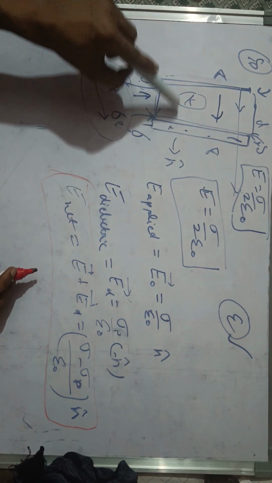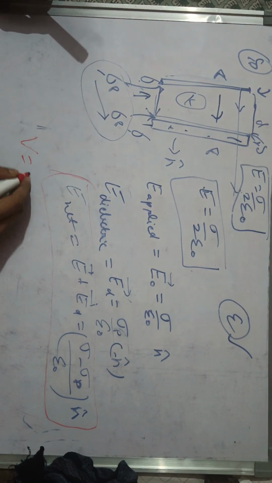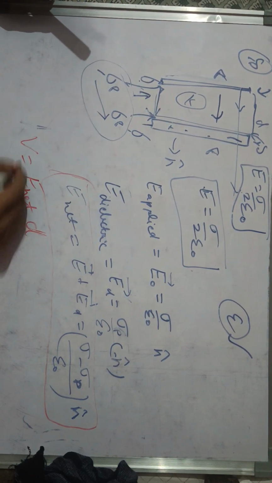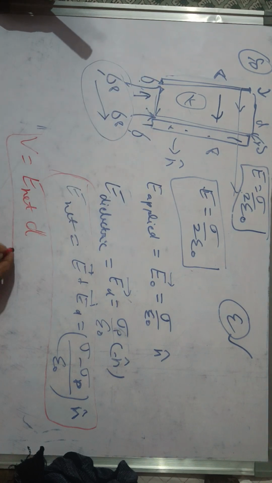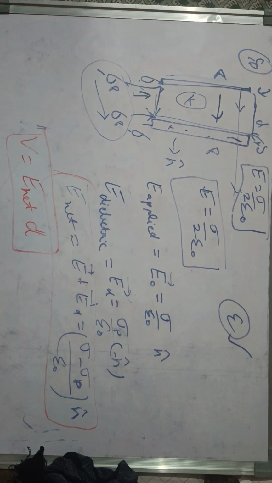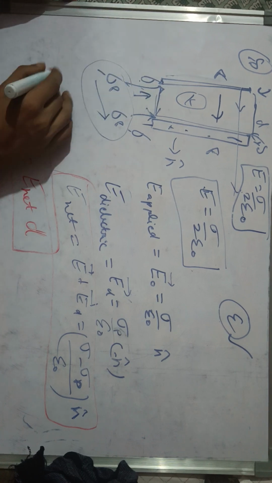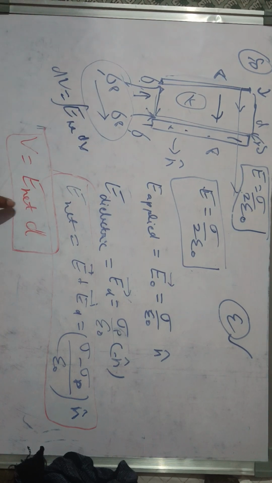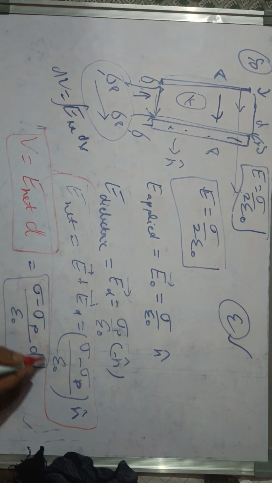Now the potential difference across these two plates is V equal to E net times the gap between them, D. So the potential difference between these two points is V equal to E net into D, which is the integration of the electric field, dV equal to E net dx. E net is constant, so we get E net into D, which is equal to sigma minus sigma p divided by epsilon naught, into D. This becomes the equation of potential.